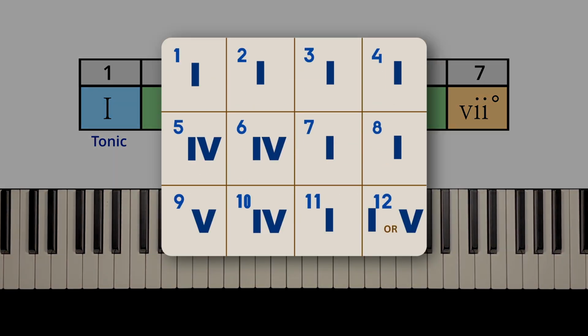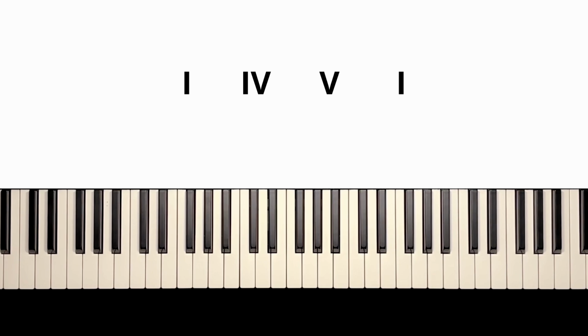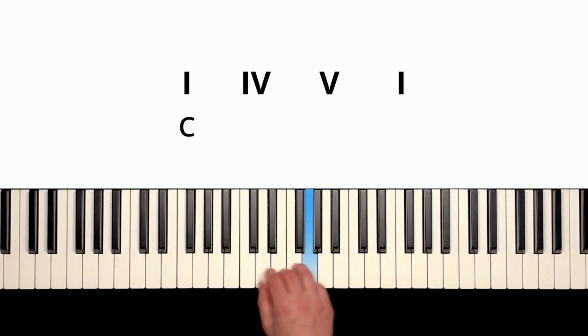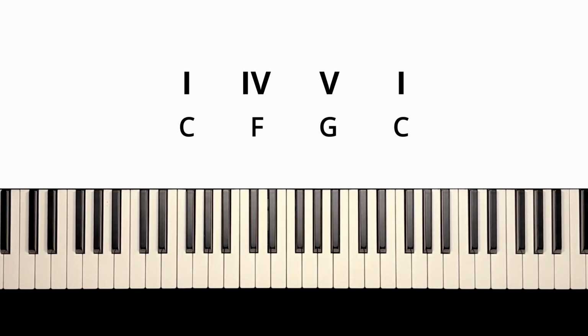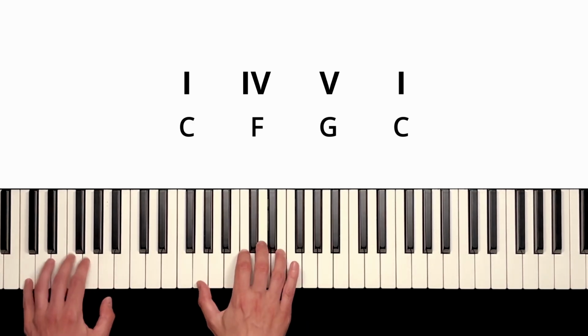Let's use them for a simple chord progression. In C major, that means we need to play the following chords. If we use chord inversions and add a bass note, it could sound like this.